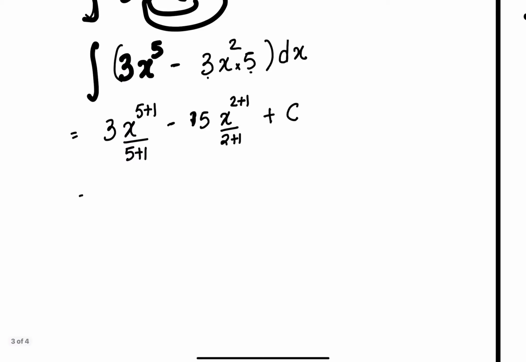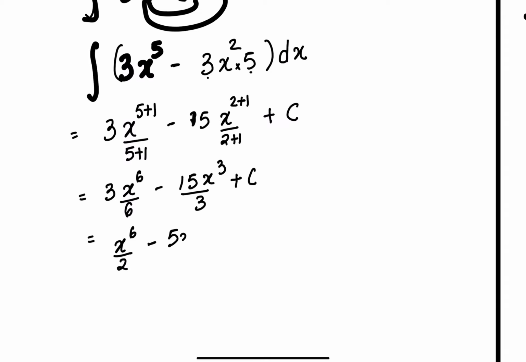I'll simplify this. This is 3x^6 over 6 minus 15x cubed over 3 plus c. Simplify this further. This is x^6 divided by 2 minus 5x cubed plus c.